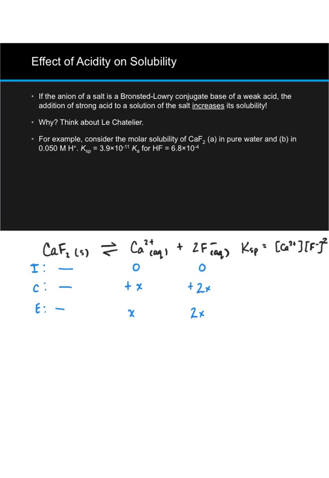The KSP value for this compound is 3.9 times 10 to the minus 11, and that's equal to the expression calcium concentration which is X, times fluoride concentration, which is 2X, quantity squared, at equilibrium.